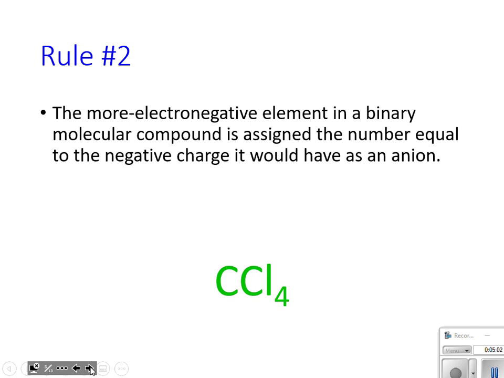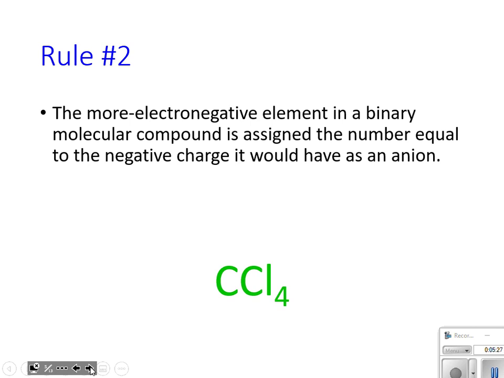We check the electronegativities, and as I look on my periodic table, I find the electronegativity of chlorine is 3.16. Carbon is 2.55. So chlorine is indeed my more electronegative element.